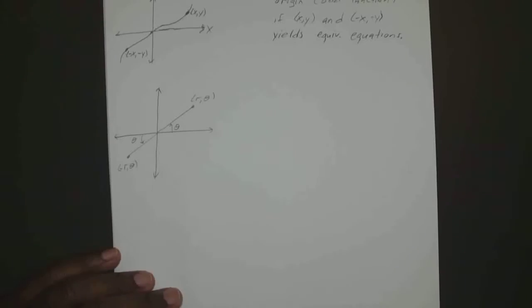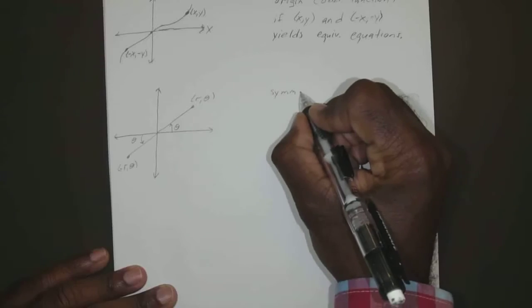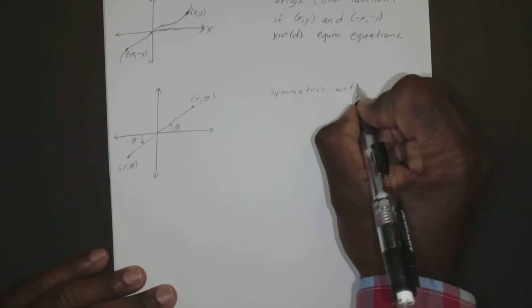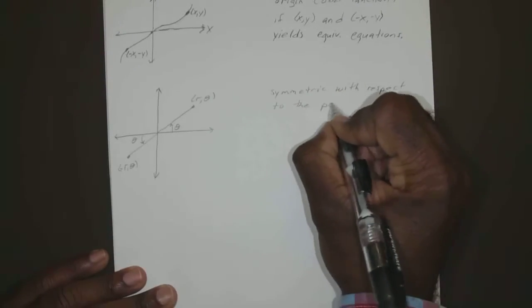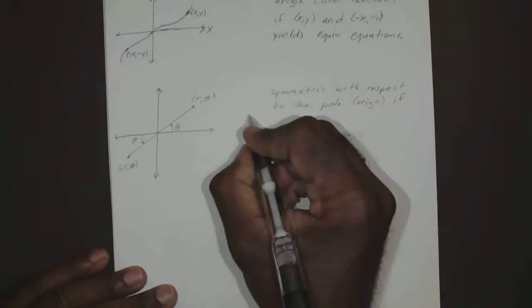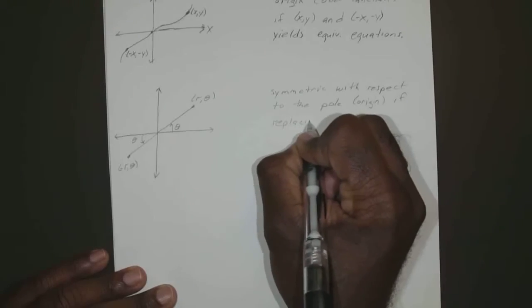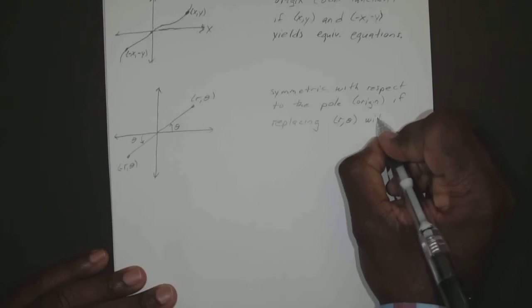So if we replace r with negative r, and we end up with the same equation, then you know it's symmetric across the pole, which in this case is your origin. So with respect to the pole, which in this case is our origin, if replacing r, theta with negative r, theta yields equivalent equations.